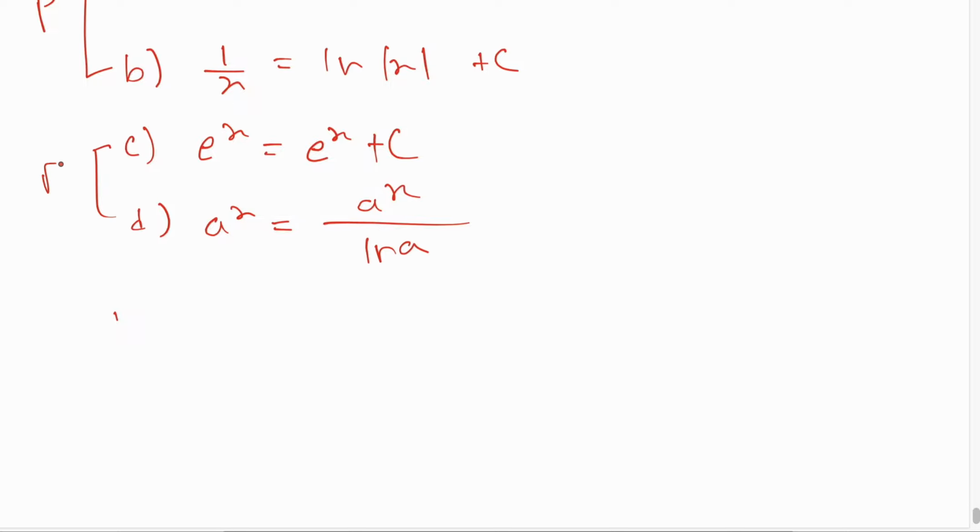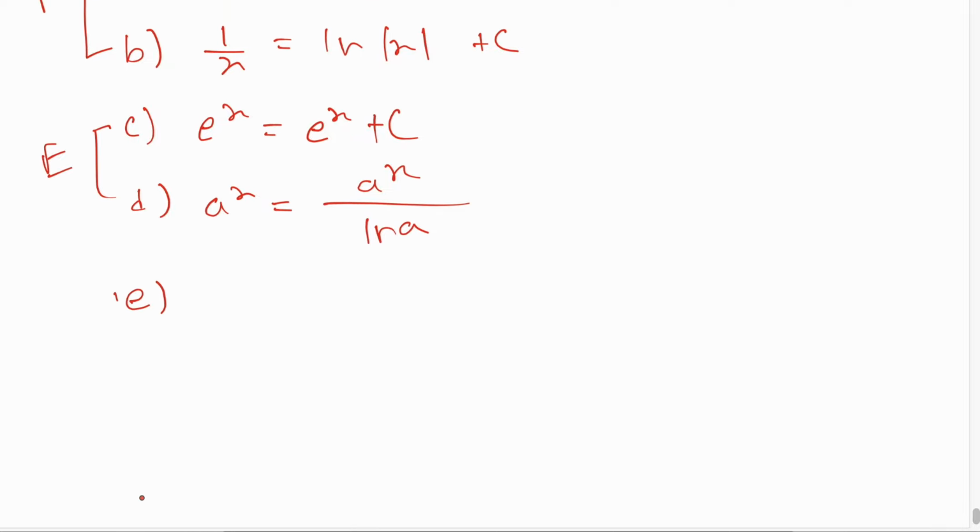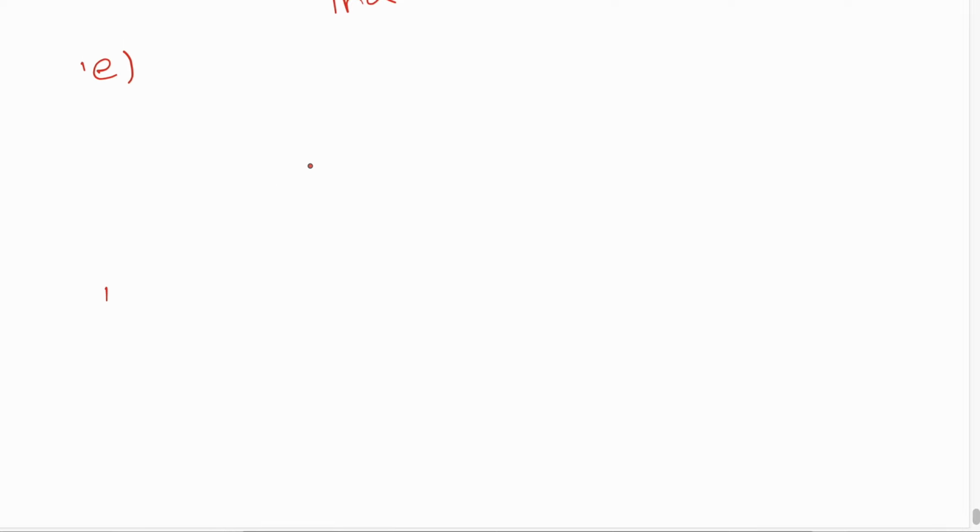These two are exponential. Then here comes SC cube. The S part would be integration of sin x, minus cos x. Remember, differentiation of sin x means only cos x, but integration of sin x means minus cos x. Then the integration of cos x is sin x. Here also remember, differentiation of cos x is minus sin x, but integration of cos x means sin x.